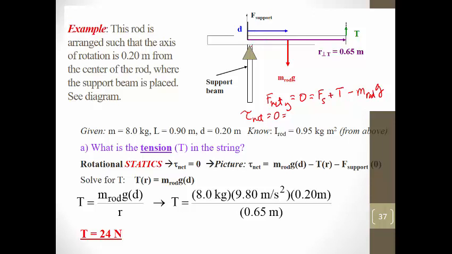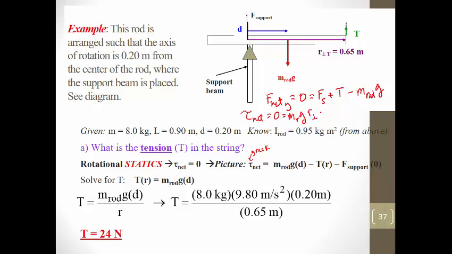And then I have another distance that is from the axis of rotation to the tension. This T is not a tau, it's a different T. So here I have the weight of my rod times its perpendicular lever arm, which is d.